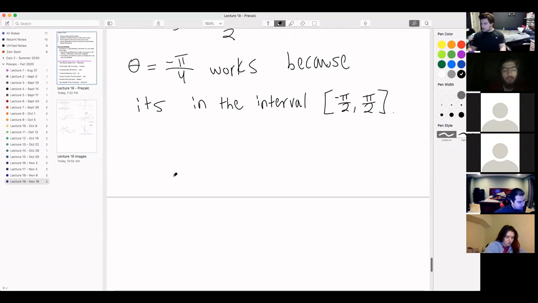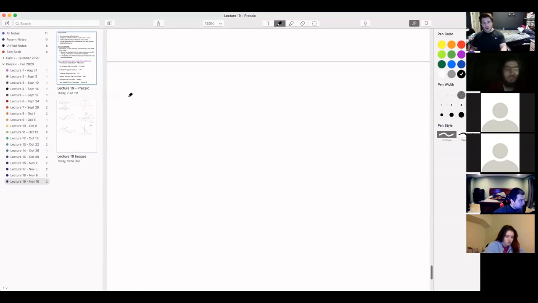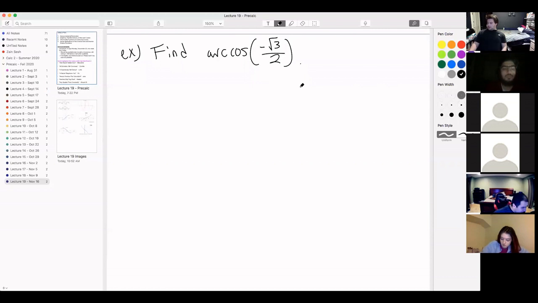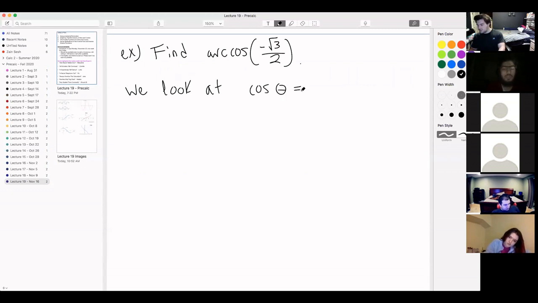Okay, good. Next, let's do one more with arc cosine. So find arc cos of negative square root of 3 over 2. Again, we look at cosine of theta equals negative square root of 3 over 2.